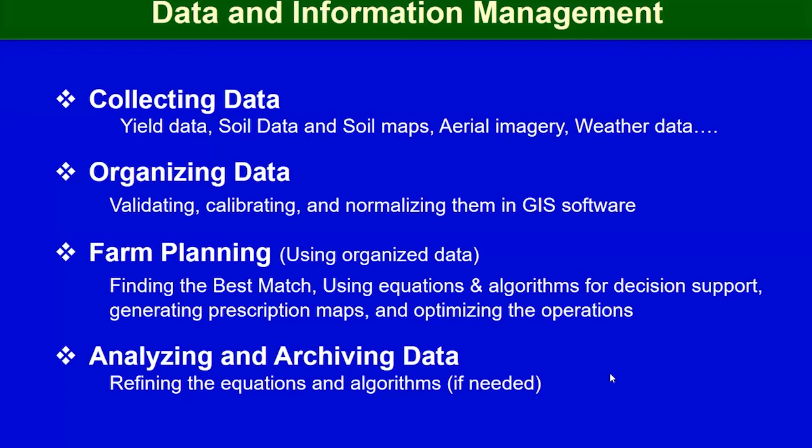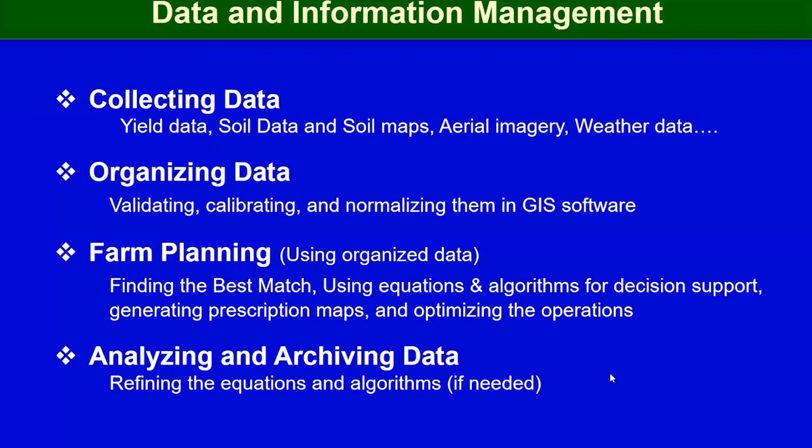Finally, again, I'll repeat this one from the previous sessions. We collected lots of information. We need to organize this information, and first of all, we need to calibrate and validate any type of information we are collecting.